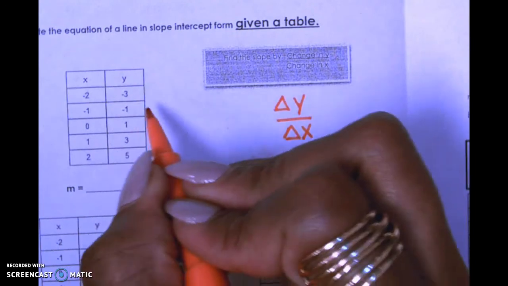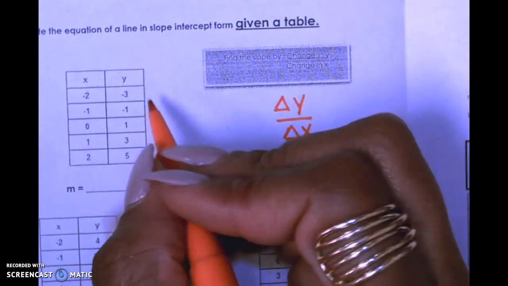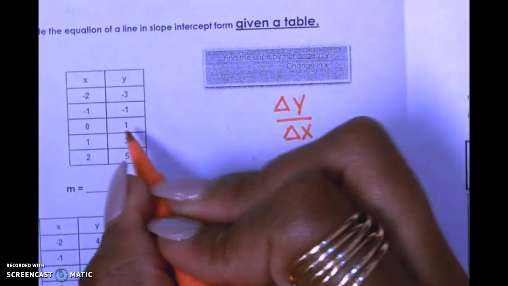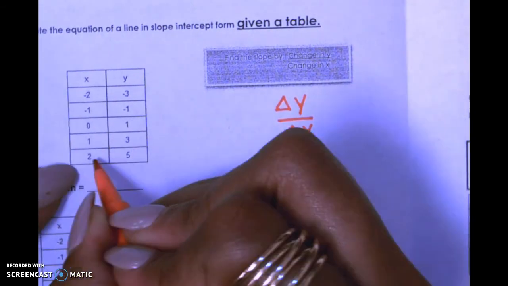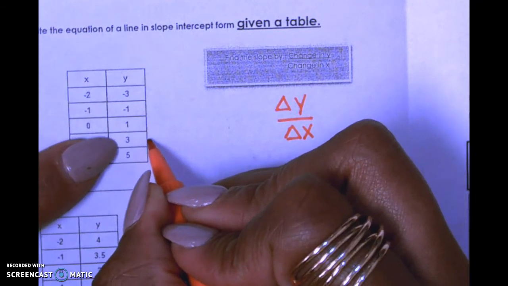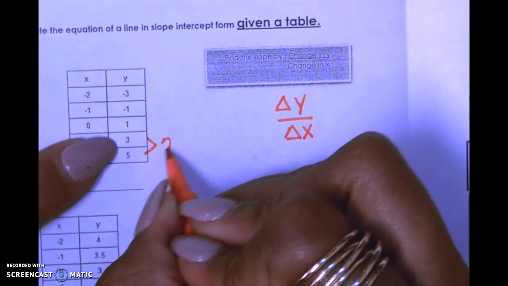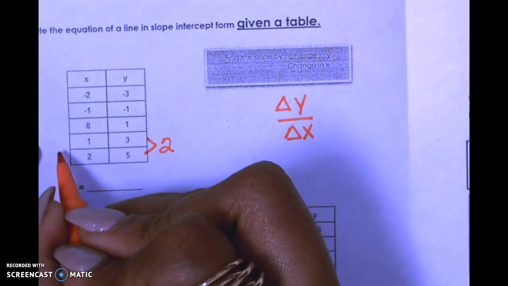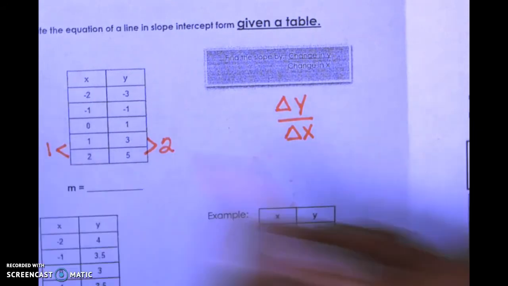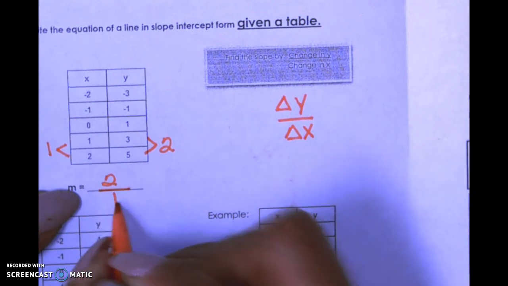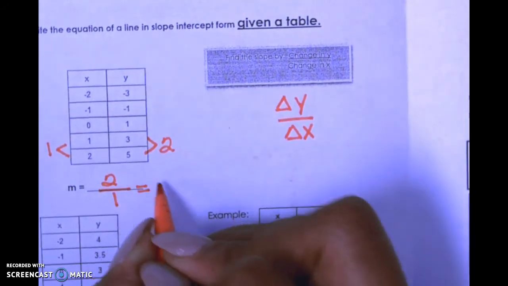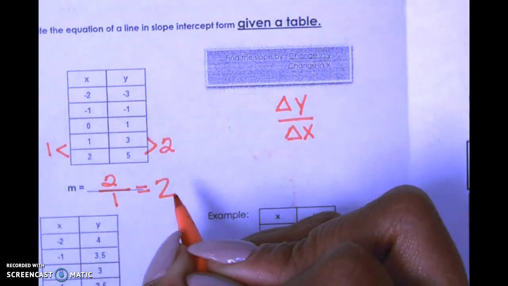I can pick any 2 points, it doesn't matter which 2 I pick. I like to deal with positive numbers, so I'm going to pick the ordered pairs (1, 3) and (2, 5). What is my change in y? From 3 to 5, it is 2. And my change in x from 1 to 2 is 1. So my slope is 2 over 1, which is also the same as saying 2.